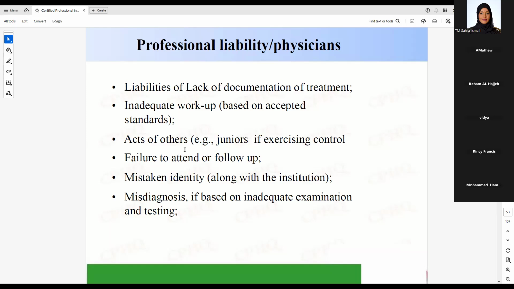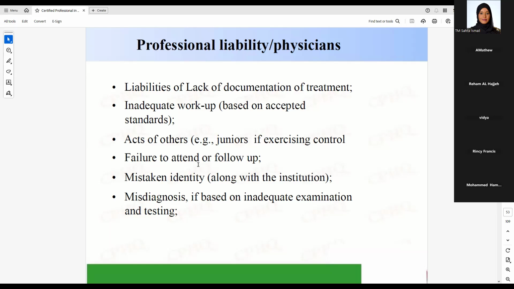The acts of others: for a physician or a consultant, the acts of others like the juniors, the resident, intern, or trainee that is working with them are considered against the most responsible or supervising physician. That's why it's very important to monitor and countersign their documentation and pay attention to what they are doing.